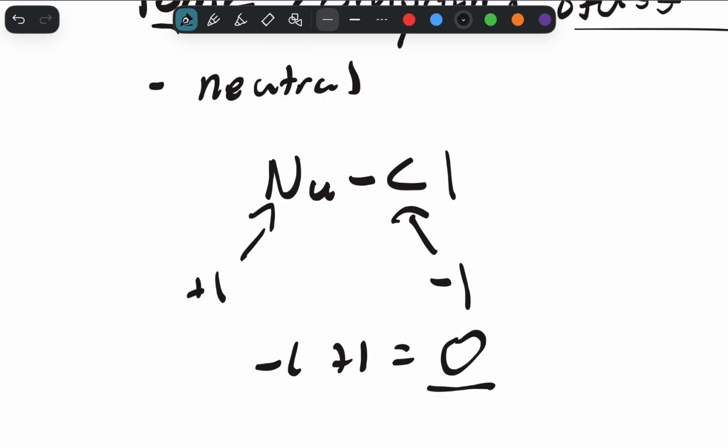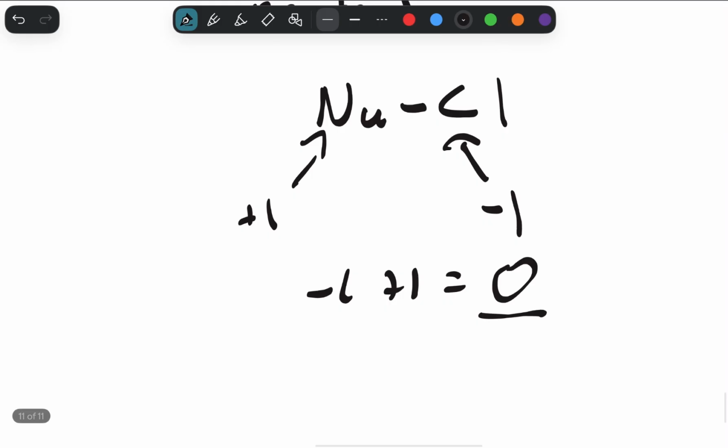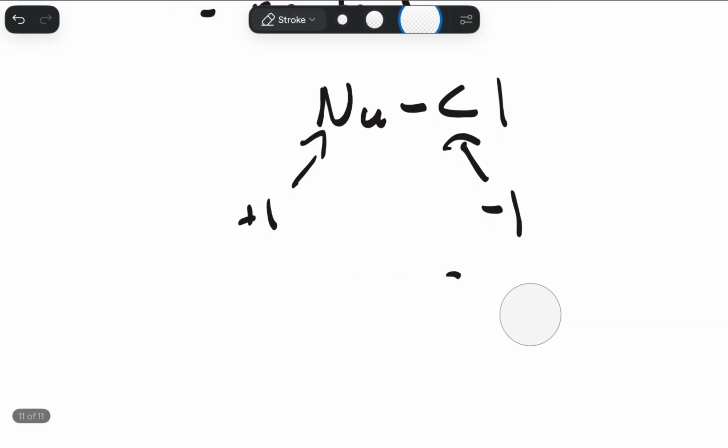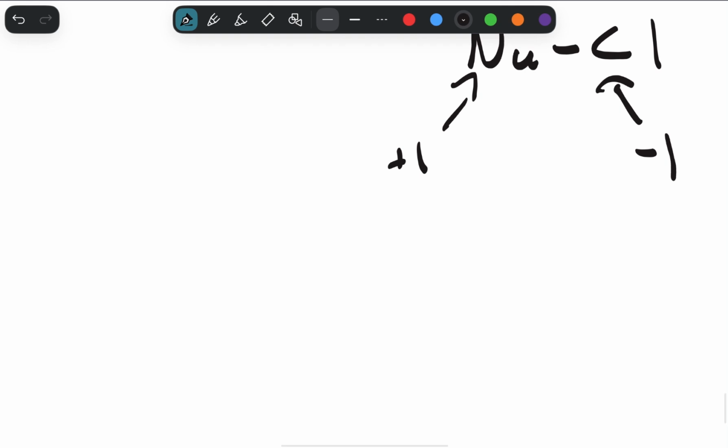Actually, let's start with this. It goes into the pluses and minuses a bit more. Your metals are always positively charged, therefore they're cations, right?